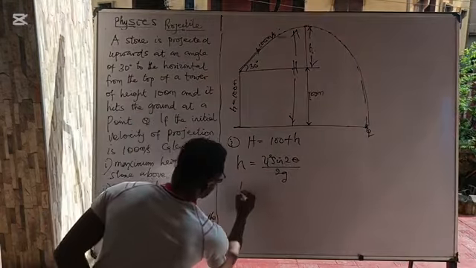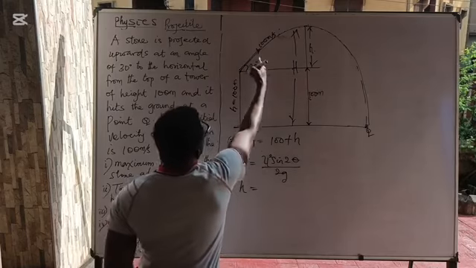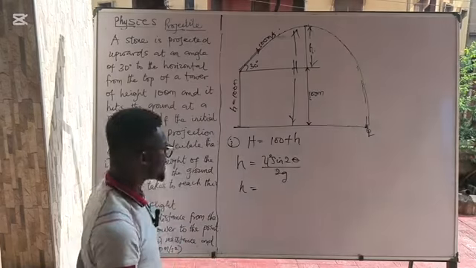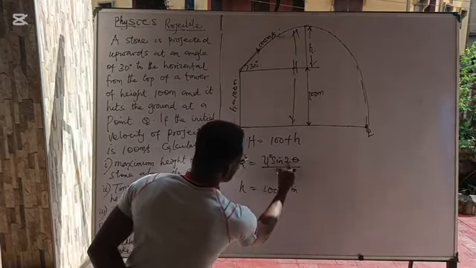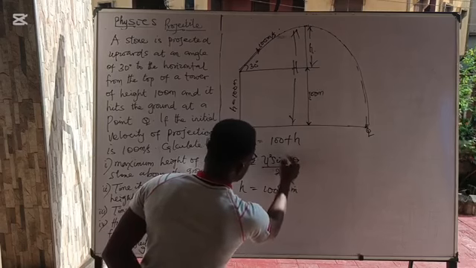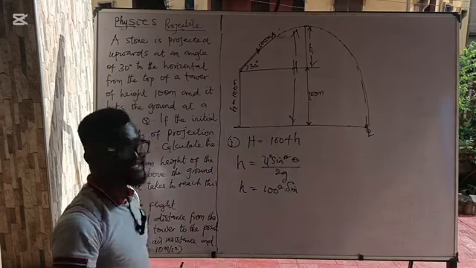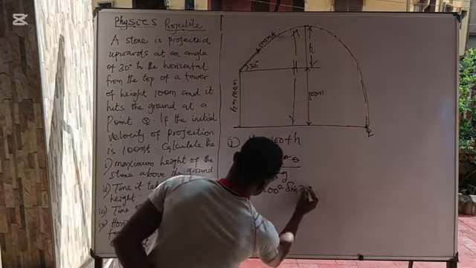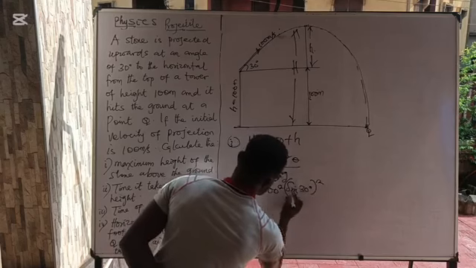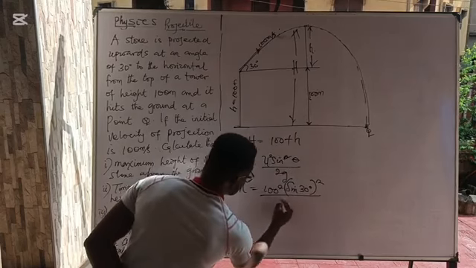So here we have h. Initial velocity was given as 100 meters per second, so we have 100 squared. Then sine squared theta is the same thing as sine theta squared. The theta here is 30 degrees, so we square it, all over 2 times g.